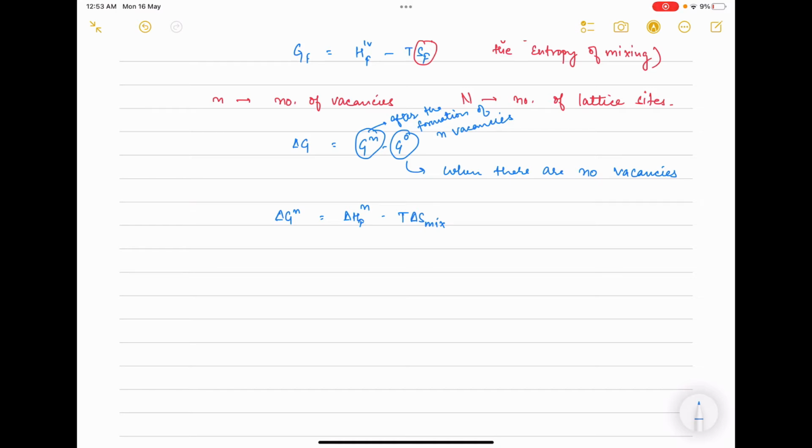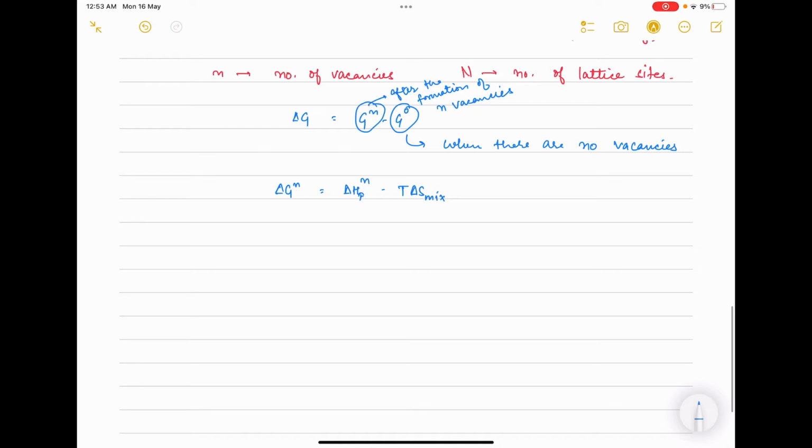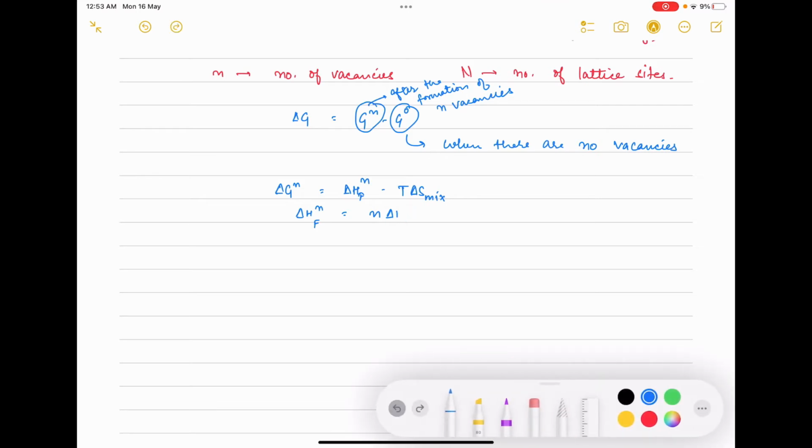Now the enthalpy of formation of n vacancies can be linearly related to the enthalpy of formation of one vacancy, so it will be n times the enthalpy of formation of one vacancy. And it's not the change, it's the enthalpy of formation.